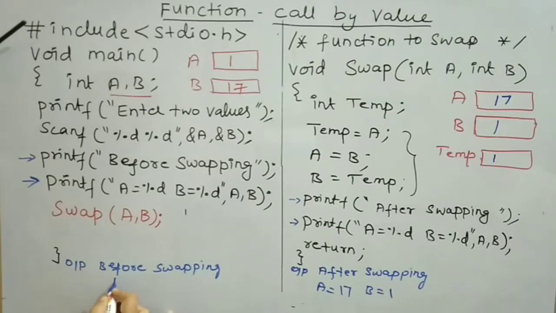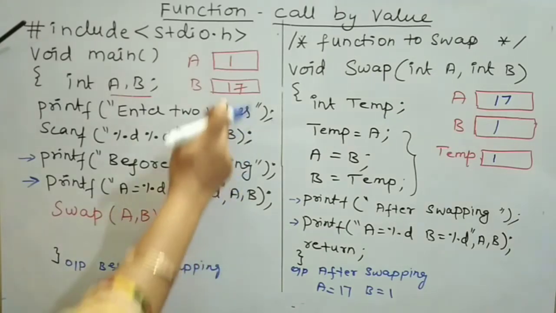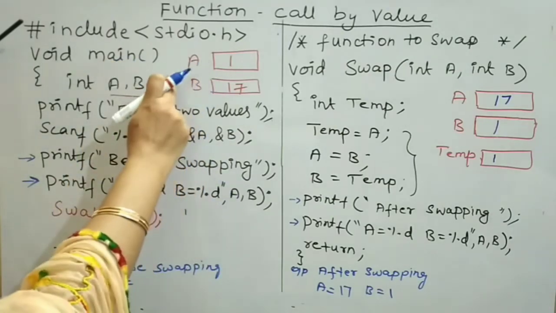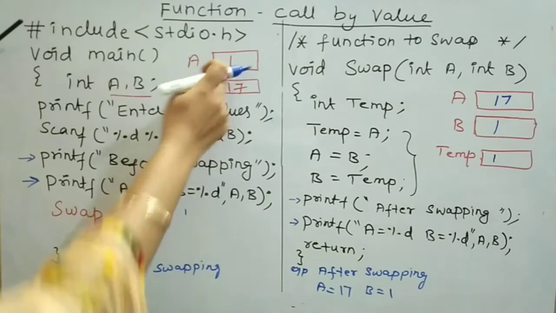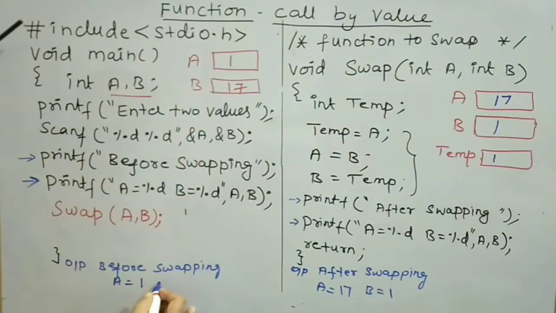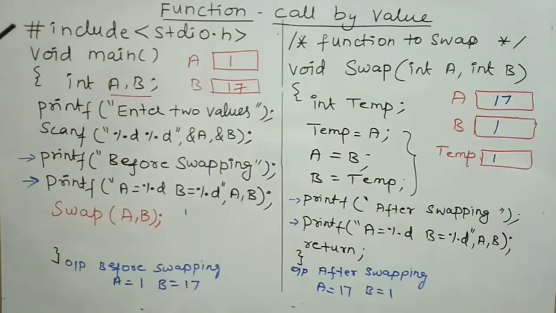A is equal to, this control string will replace the value of a. The main function will access the memory location allocated for this a, that is 1. And then value of b is 17. So in the main function I am printing before swapping what is the value of a and b.